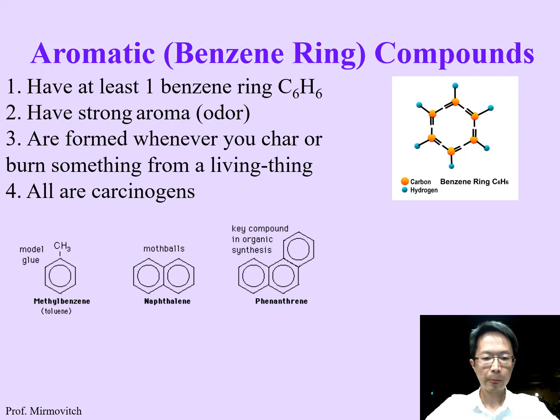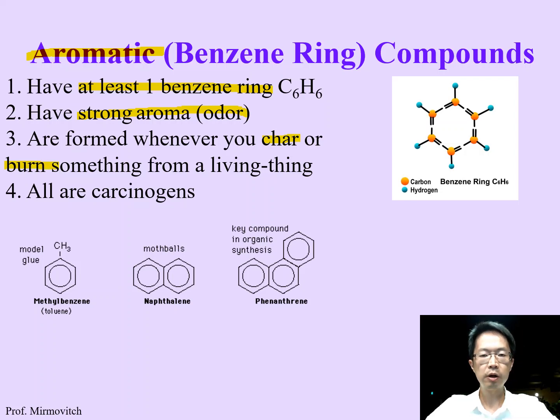So for aromatic compounds, how do we define them? As long as they have at least one benzene ring, then we call them aromatic compounds. As I mentioned before, they have a strong aroma, strong smell, strong odor. When do you get it? Whenever you char or burn something.